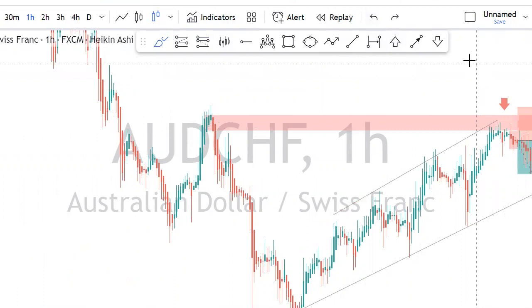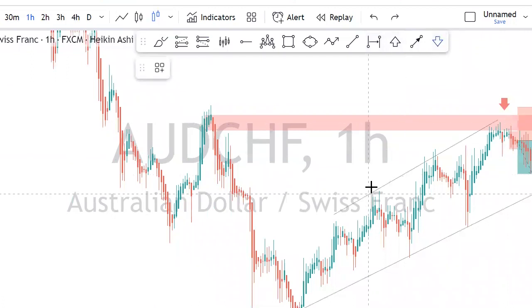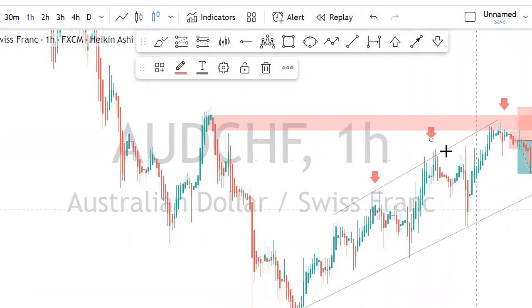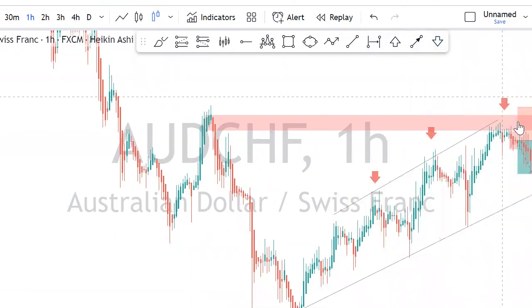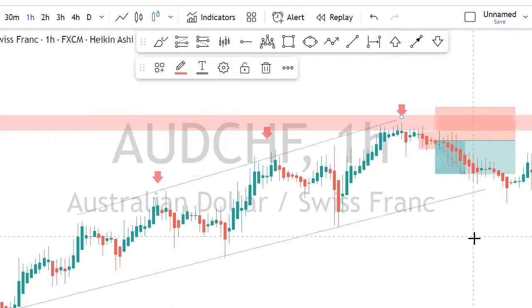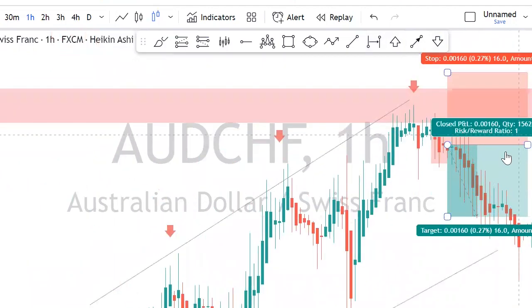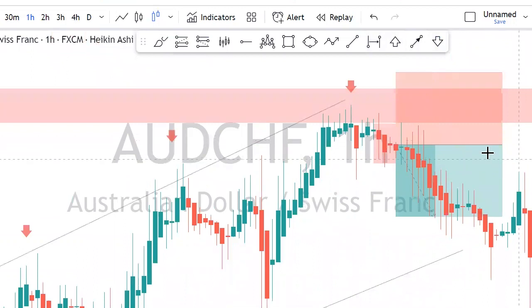And then remember our third touch principle, right? We have this as our first touch on the resistance, this as our second one, and as you can see, this point right here forms our third point. So everything just aligns.